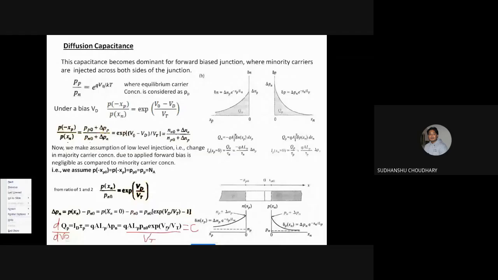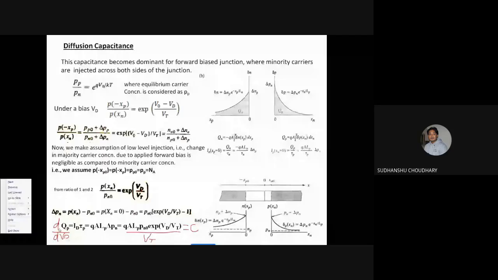so dQP by dVd is equal to the capacitance due to the minority carrier, which is holes on the N side. So that becomes equal to this much. Okay, which is what I have written over here. Since now this term is ID tau P, it is already mentioned over here.